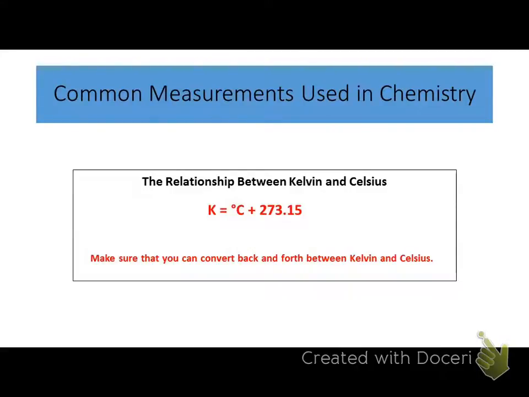You should also be able to take Kelvin and subtract 273 from it, and that will give you Celsius. So you need to make sure that you can convert back and forth between Kelvin and Celsius. I'm going to quiz you on this equation, that you know it. Okay, so memorize it. In time, as we move on in chemistry, you're going to use it a lot more readily.